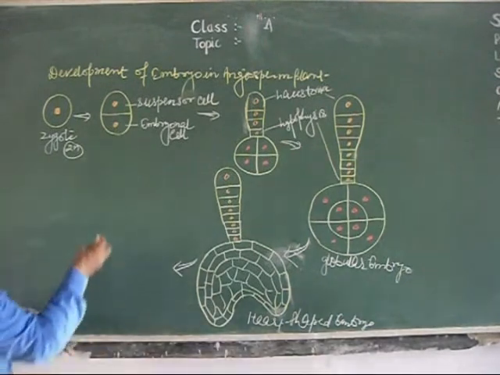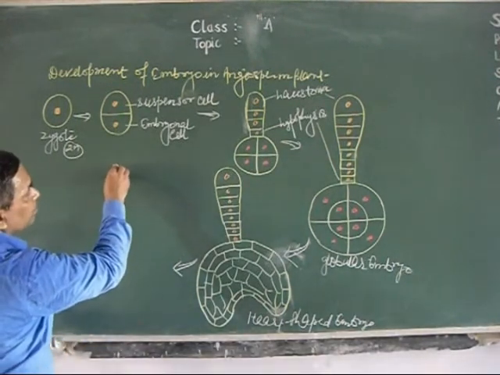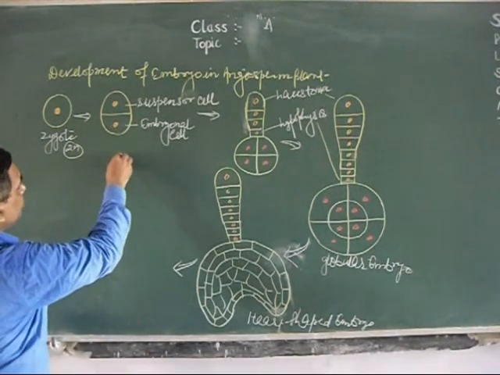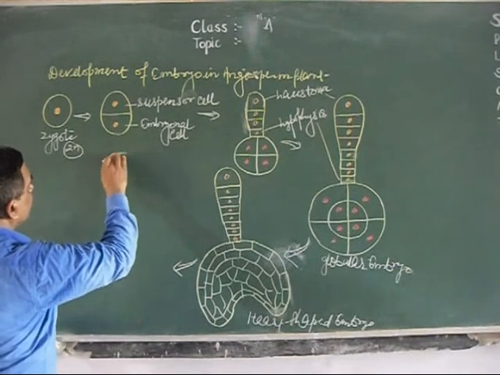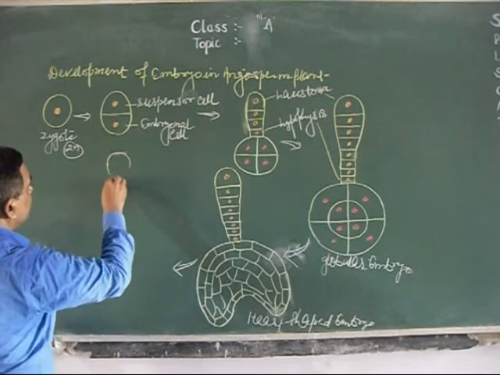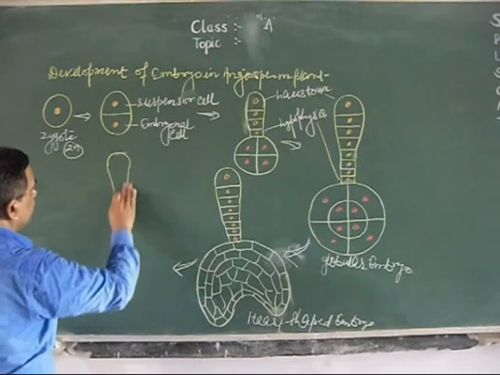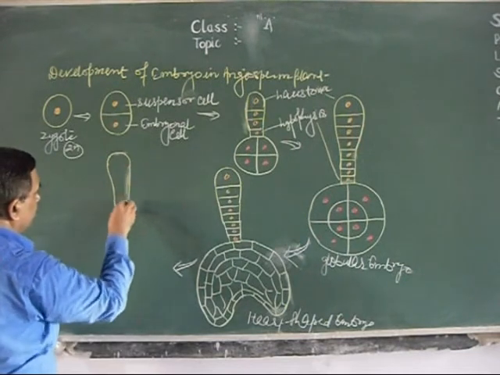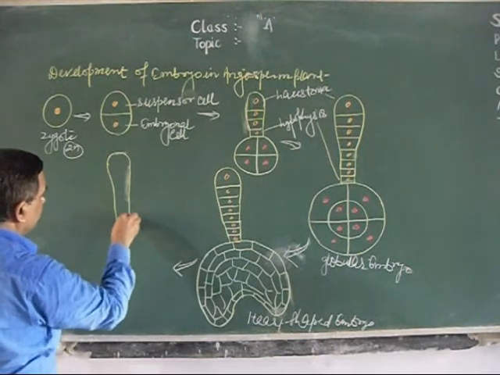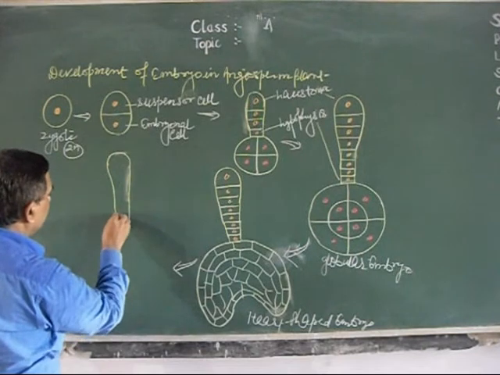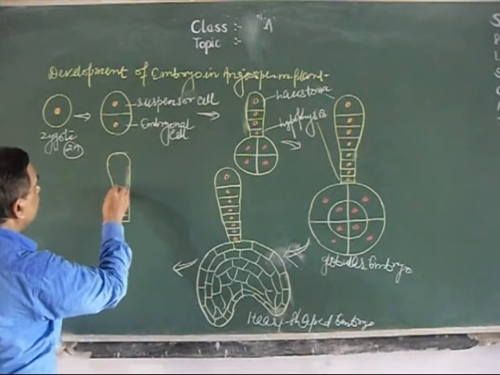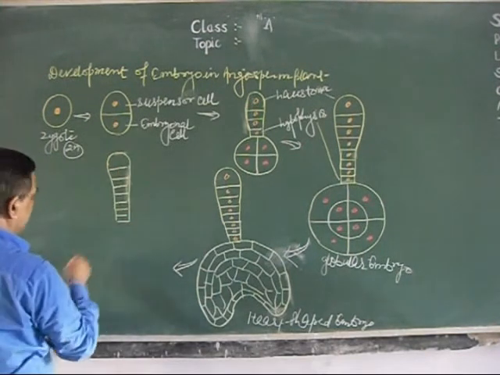So the two cotyledons will develop here. The mature embryo, haustoria, one, two, three, four, five, six, seven, eight.